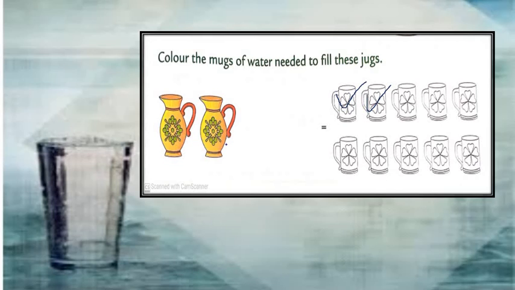To fill this one jug, we need 2 more mugs. Now see, in total how many mugs do we need to fill these water jugs? We need 1, 2, 3 and 4 mugs of water to fill these 2 water jugs. Understand?